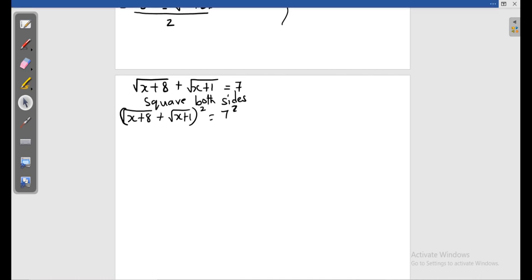Now, in squaring this, you need to really be very careful. Root x plus 8 plus root x plus 1, another root x plus 8 plus root x plus 1. So root x plus 8 times root x plus 8 will give us root x plus 8 all squared.